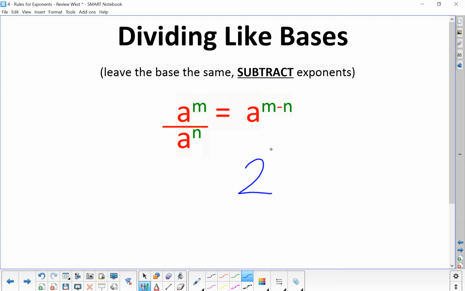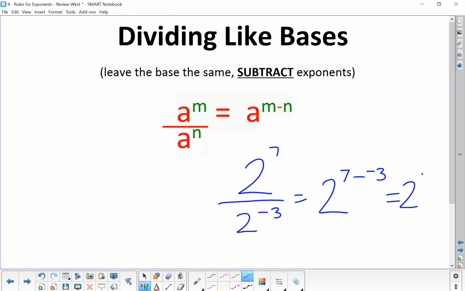This would work with negative powers too. If I had 2 to the 7th power divided by 2 to the negative 3rd power, I would leave the base the same and I would subtract the exponents. But look what happens if I did 7 minus a negative 3. You see what we have here? This combination means I add the opposite sign. So I would actually get 2 to the 10th power.